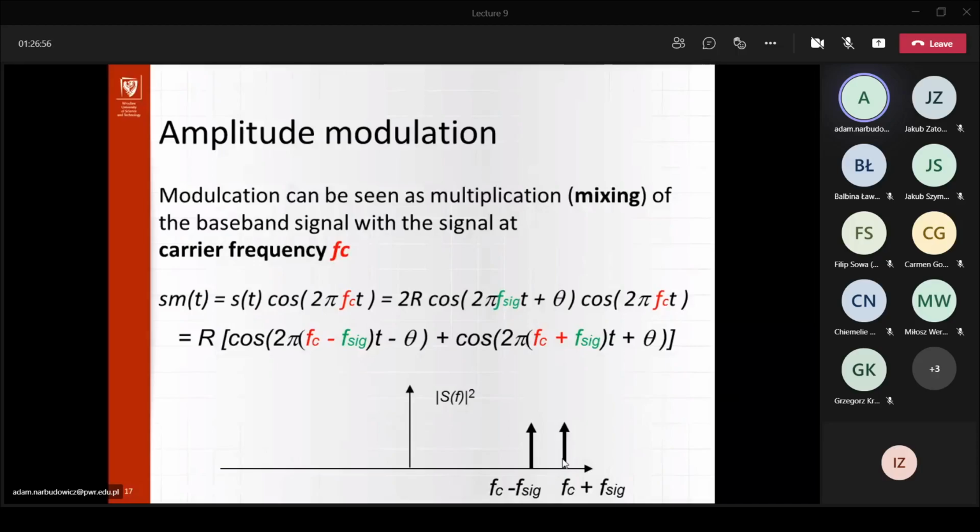Nobody actually pointed out: is this the complete picture? Am I missing something here on this spectrum map? Will amplitude modulation actually produce only those two components that we see here?